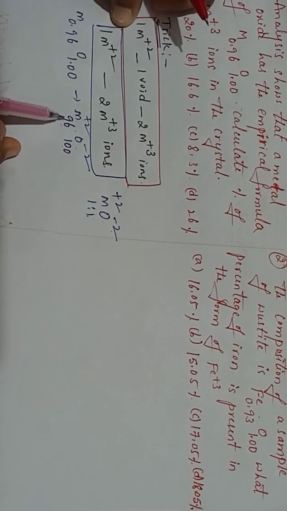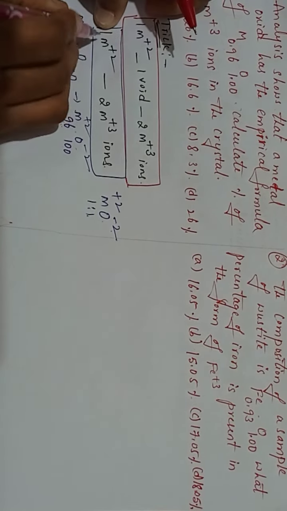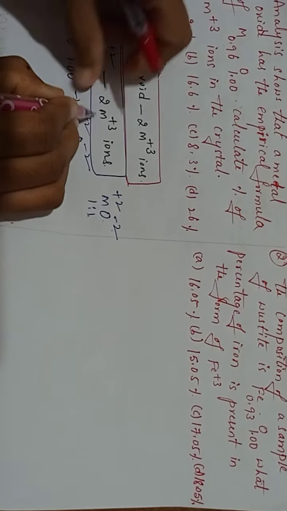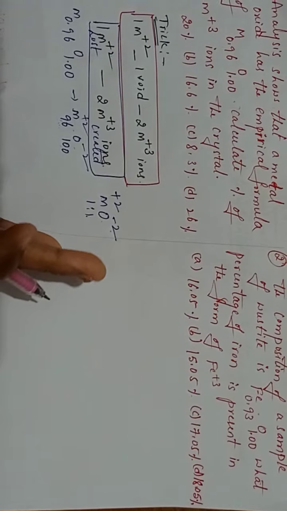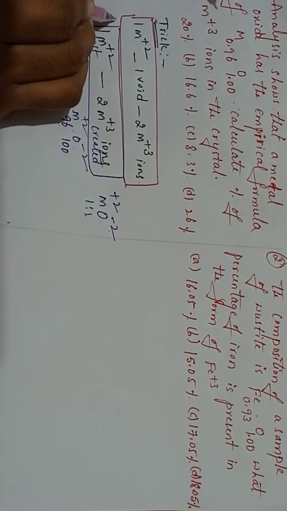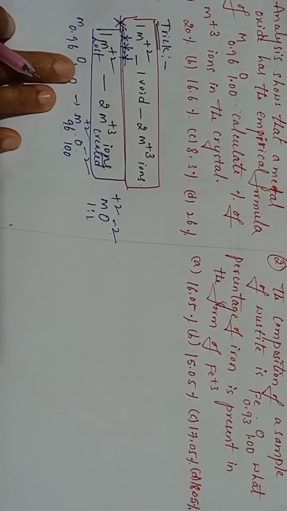So how many lost, students? 1 M plus 2 ion lost, 2 M plus 3 ions created in the crystal. Clear this one? Remember this point, then you can easily calculate the problems.